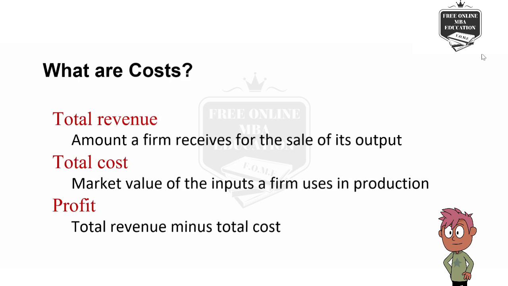And finally, we know what loss is, but normally when we talk from the production perspective, or why companies do business, the aim is profit, right? And how do you calculate profit? You calculate profit by subtracting total cost from the total revenue. If the reverse happens, it's a loss, right?